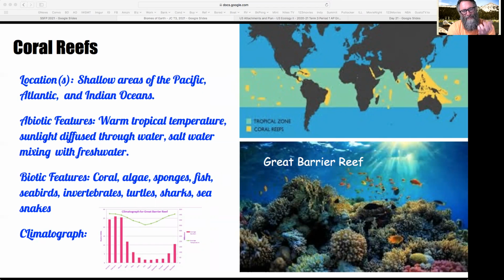And something which is kind of shocking is that they are not super productive. Hot water doesn't have a lot of dissolved nutrients. So they're not super productive, but what they are is they're super consistent, right? 12 hours of sunlight every single day, no seasons, so no change in water chemistry.